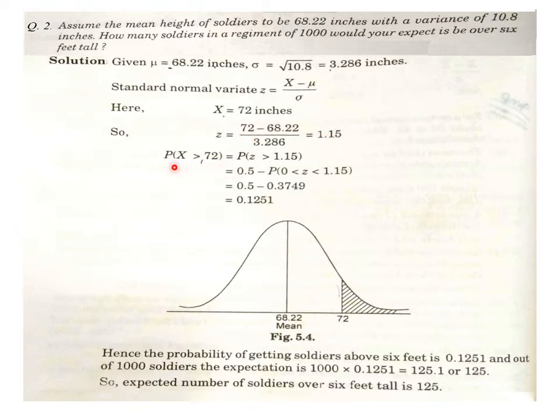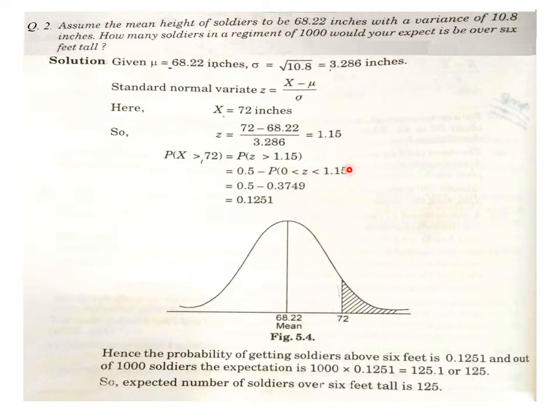So P(x greater than 72) reduces in the z model to P(z greater than 1.15), that particular area. We have discussed similar cases in the previous lecture. For z greater than 1.15, the area is the whole right hand area 0.5, from which we subtract the area from z equals 0 to 1.15. So 0.5 minus P(0 less than z less than 1.15).